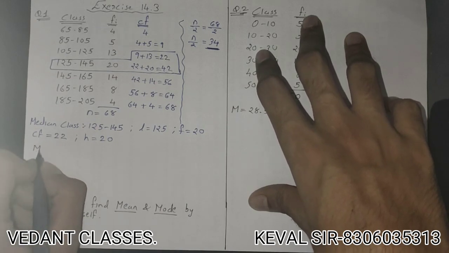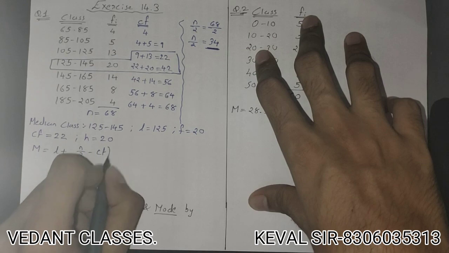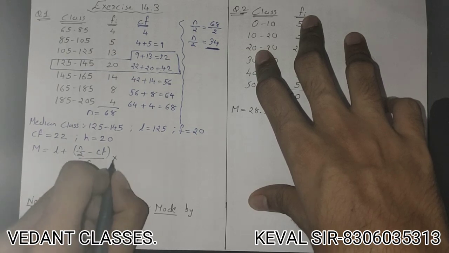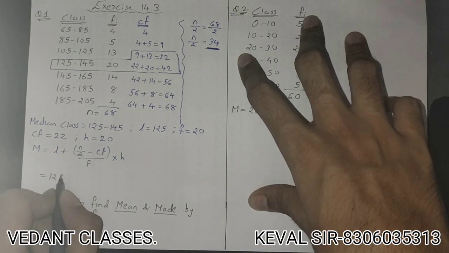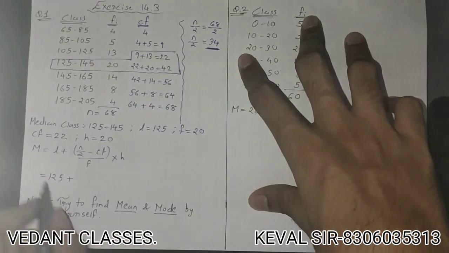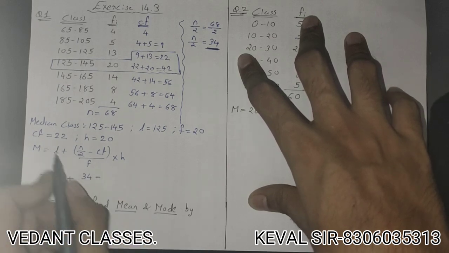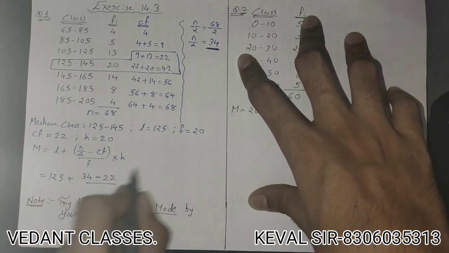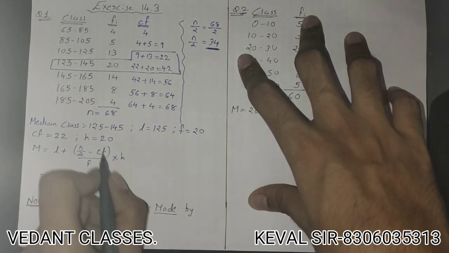Just write the formula: M is equal to L plus (n by 2 minus Cf) upon f, into h. Substitute the values. L is 125, n by 2 is 34, Cf is 22, f is 20, and h is also 20.